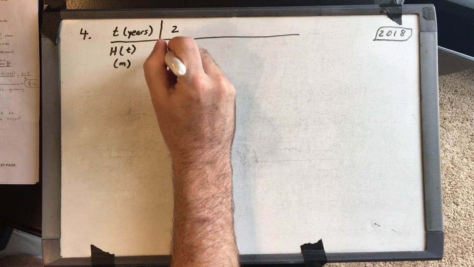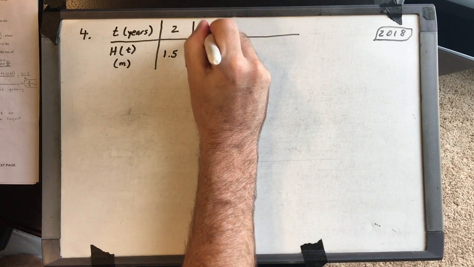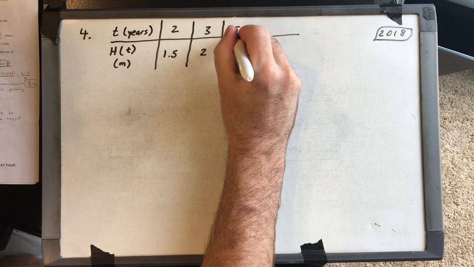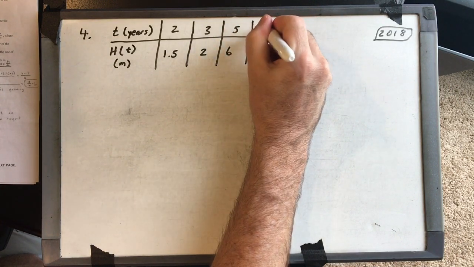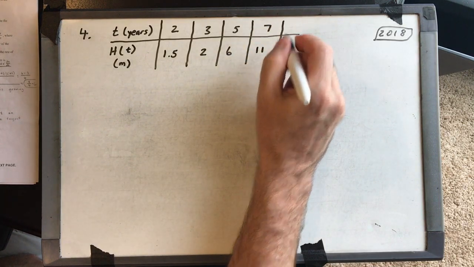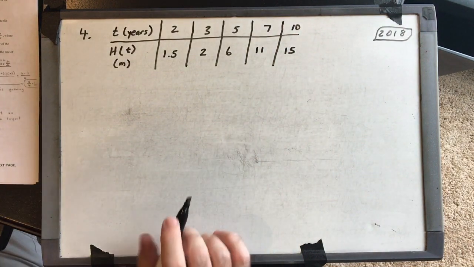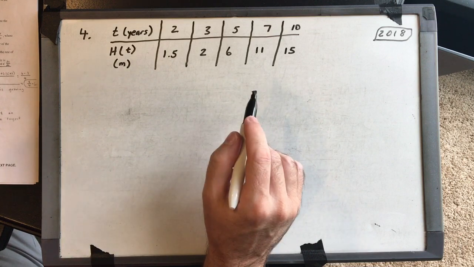So we've got 2, 1.5. 3, 2, 5, 6, 7, 11. It's getting pretty tall. And 10, 15. All right, so I wanted to go ahead and write that out. It's a lot easier for me to be able to refer to this.